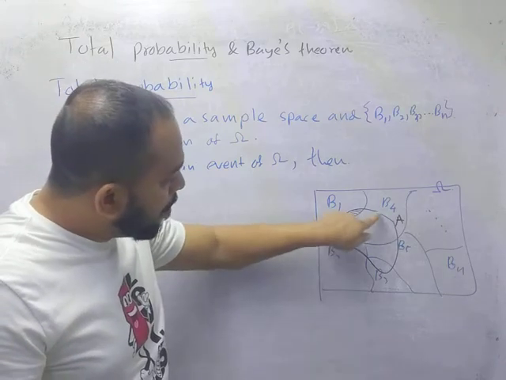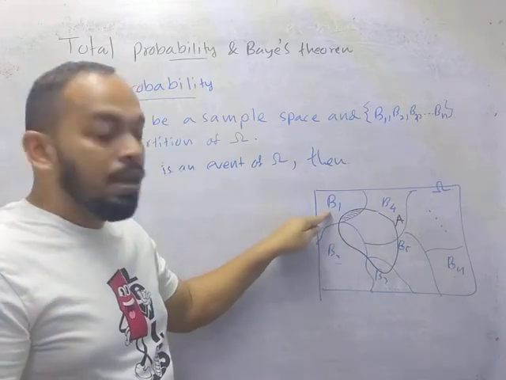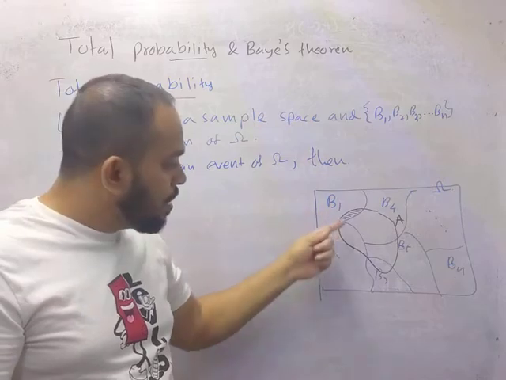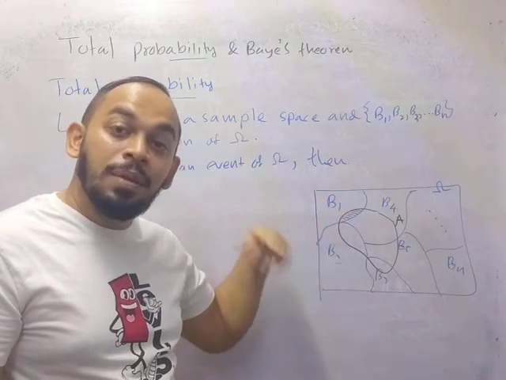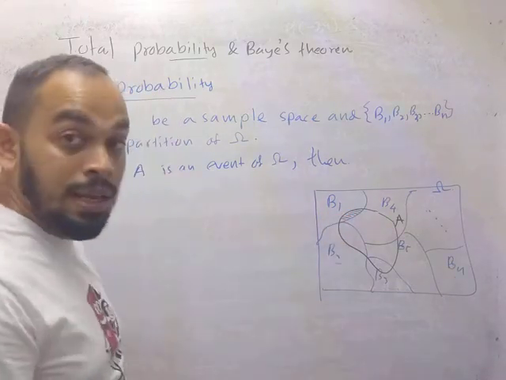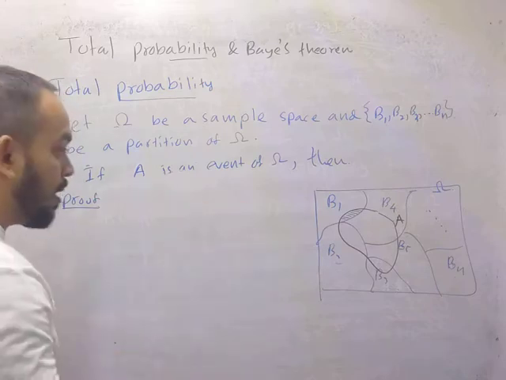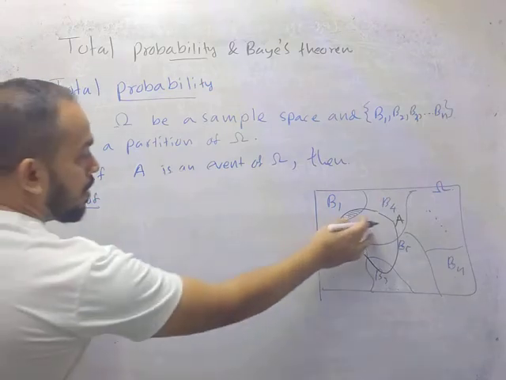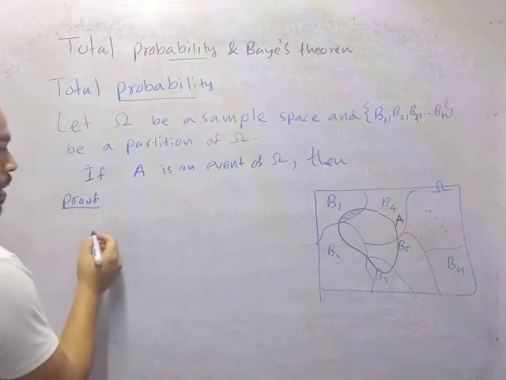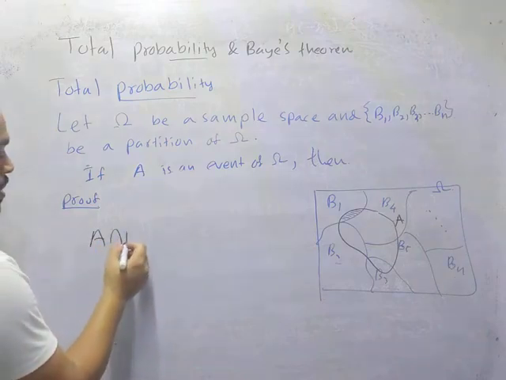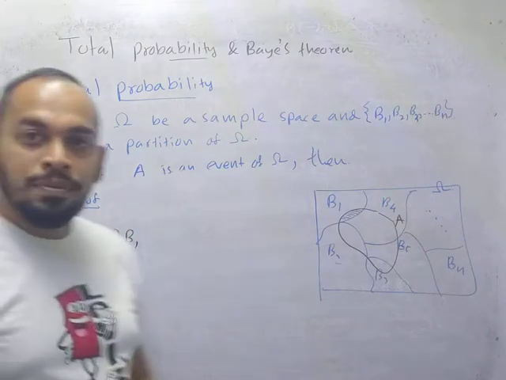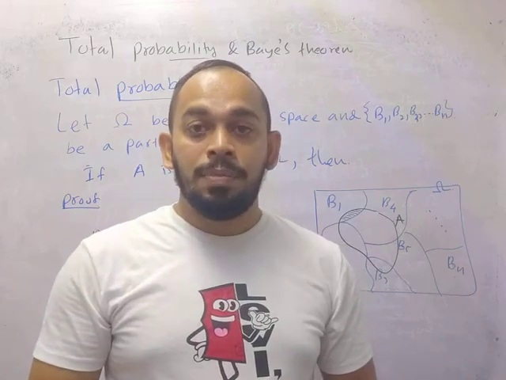This means part of A has been a part of B1. So this is the overlap. In sets we get an overlap, not land. This part is A intersection B1.